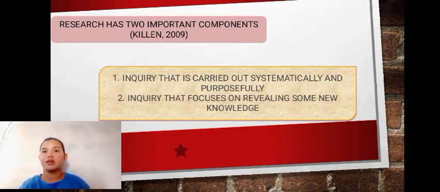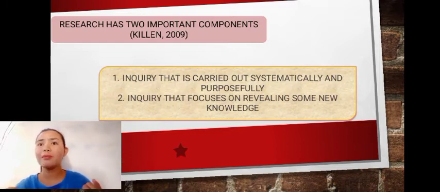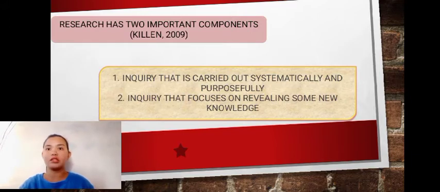Second, there must be a detailed plan for trying to answer that question so that the research will be systematic. It must be planned so that our research will be systematic.